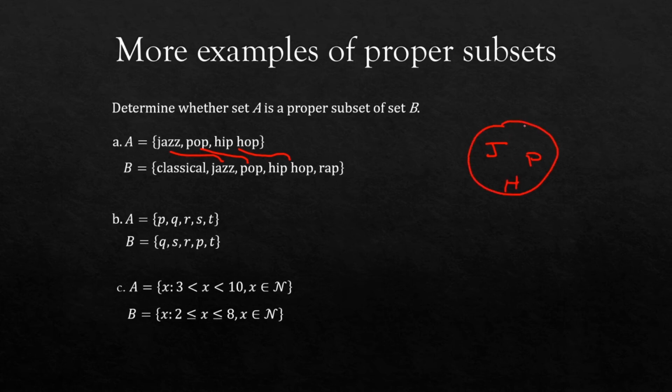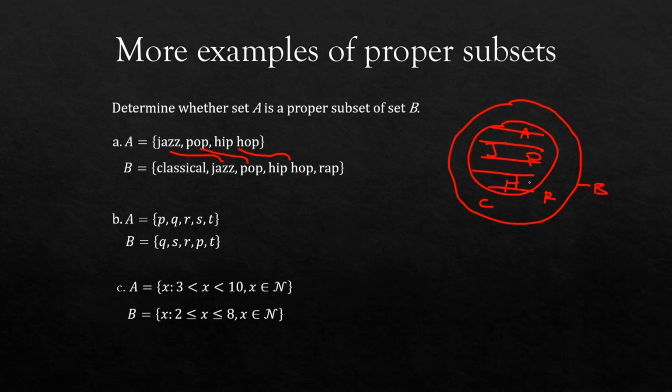That's set A. And then set B, you can see set A is a subset of set B. We've got classical out here and rap. And that's set B. So we can see in this case set A is a proper subset of set B.